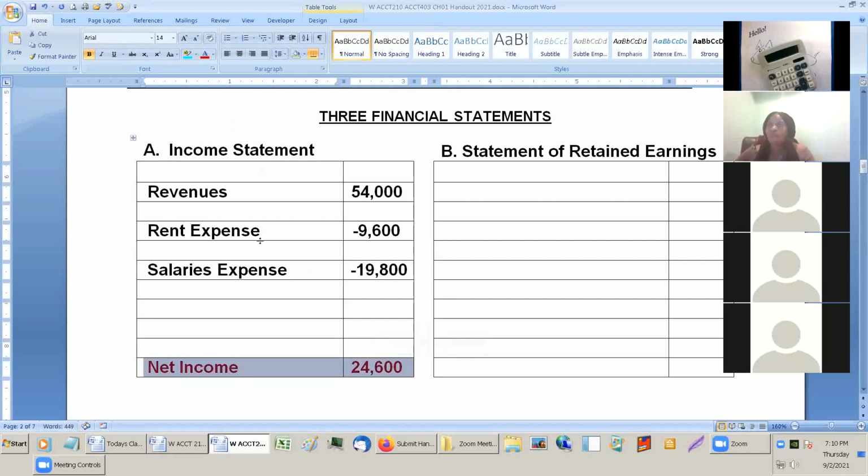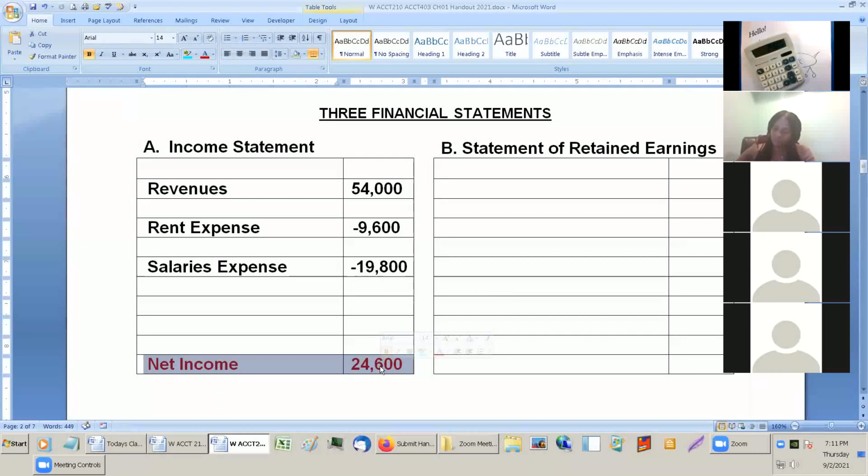I do make errors. Yeah, okay. So that's our net income. So this place was profitable. They made net income of 24,600.